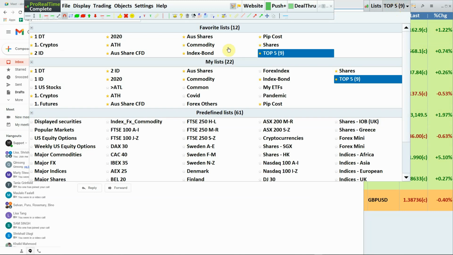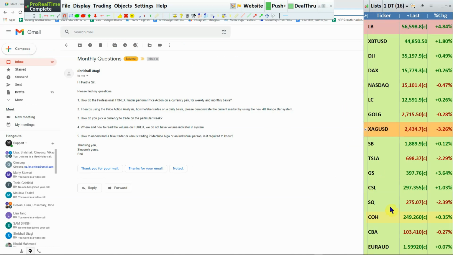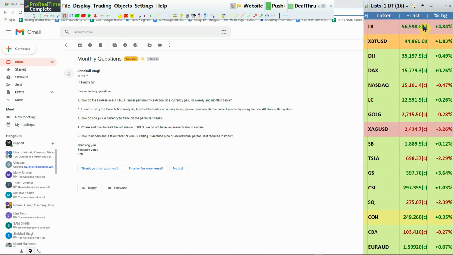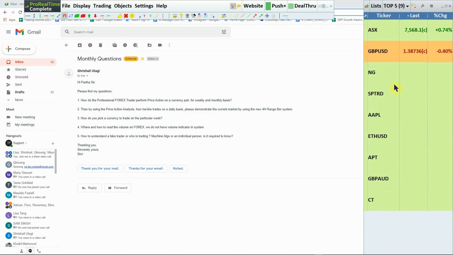And the next one, if I'm still having money and our portfolio is actually suggesting us to take some more, then we have a second list in which silver is short, lumber was short that time, and Bitcoin was long, Dow Jones long, DAX long, Nasdaq long, live cattle, all those things, Google long, Tesla long, Goldman Sachs, CSL, Square.